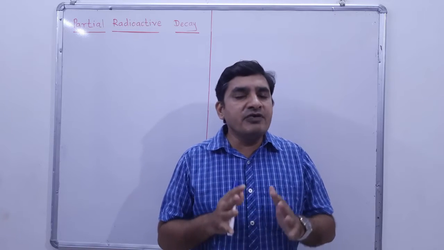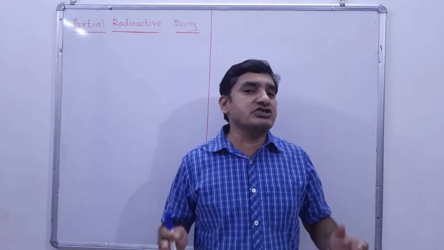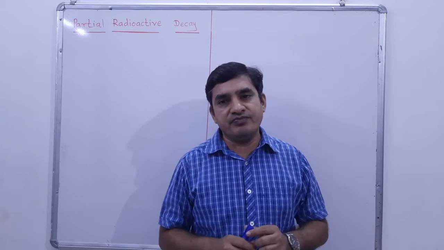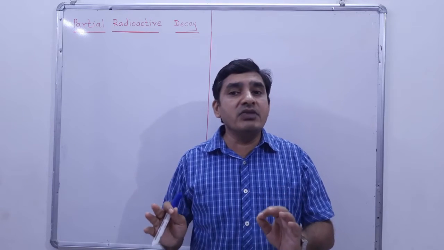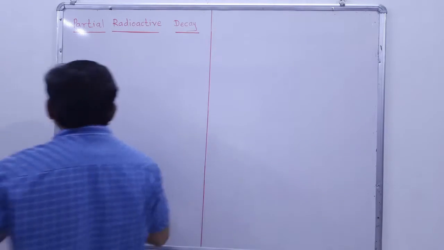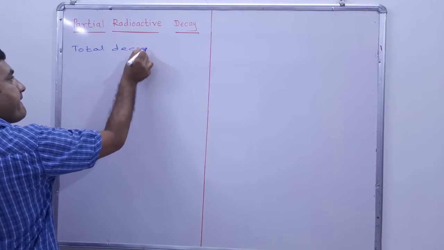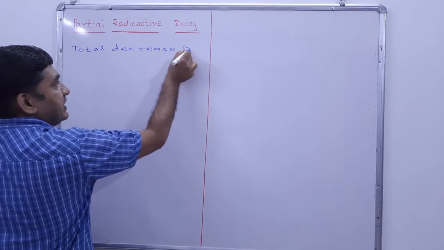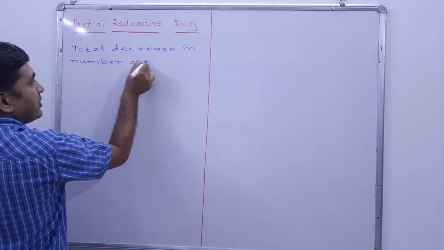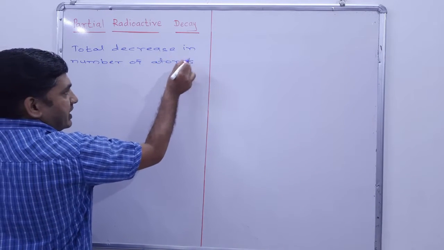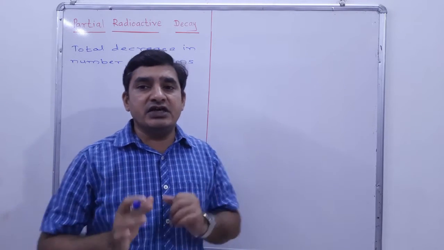So here, we consider a different mode of disintegration of a radioactive nuclei. The total decrease in number of atoms can be represented as minus dN.